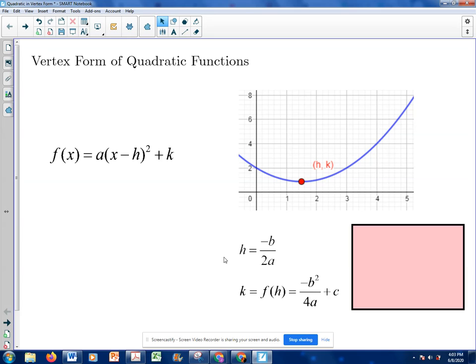Now k is a lot easier: take whatever you get here and plug it back into the original equation. But there is a second formula over here that you can use to find the k. I will be honest, I never use it, but every time I see it, I recognize it as being part of the quadratic formula, something I'll talk about a lot more in Algebra 2.